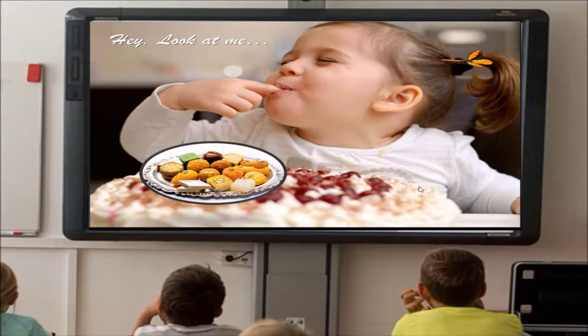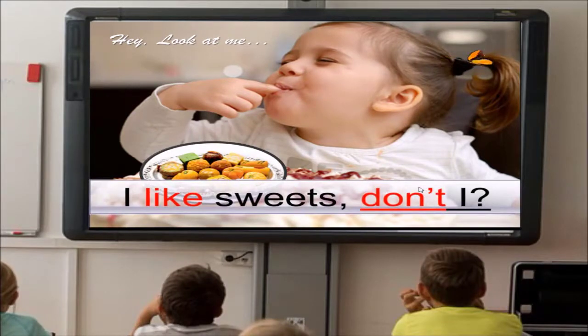What is this? I like sweets, don't I? Look at, here like is a base form of verb. Okay, so we use do, and the contracted figure is apostrophe t, that means don't.